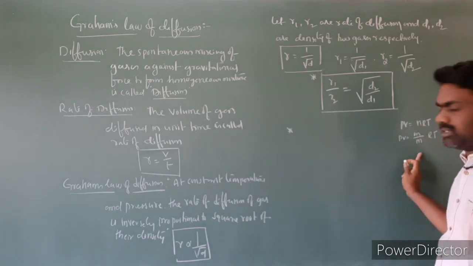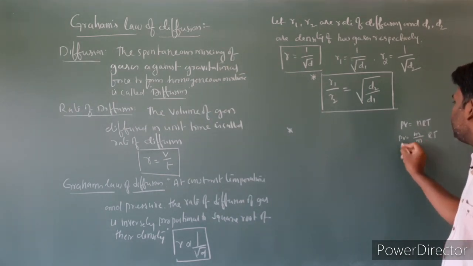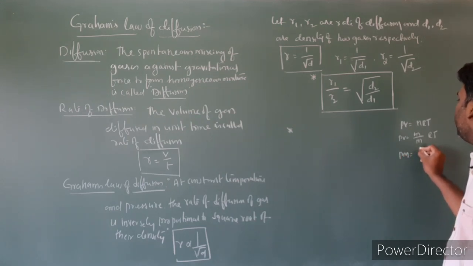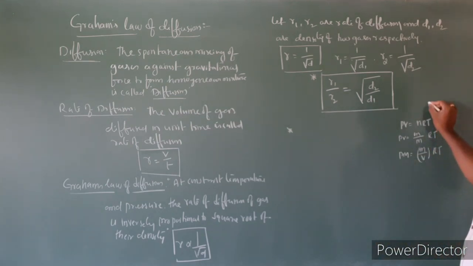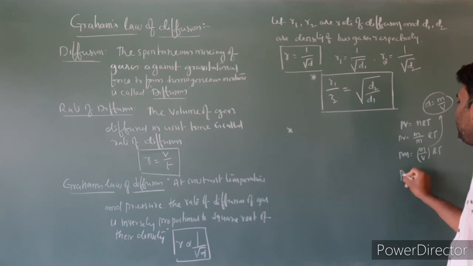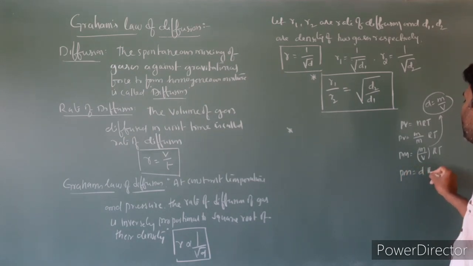So M is transposing here, then PM is equal to mass by volume into RT. Density is nothing but D is equal to M by V, so in the place of m by V, you can keep D. Then PM is equal to dRT.